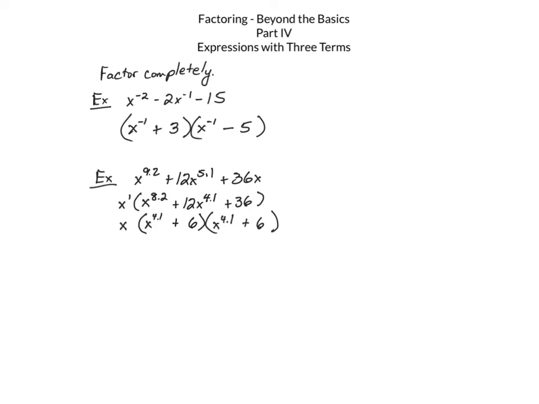Do you see that those two factors are the same? Because they're identical, I'm going to write it in a better way. Let's write that as x times x to the 4.1 plus 6, squared. That's a better way to present that answer. And this one is factored completely.